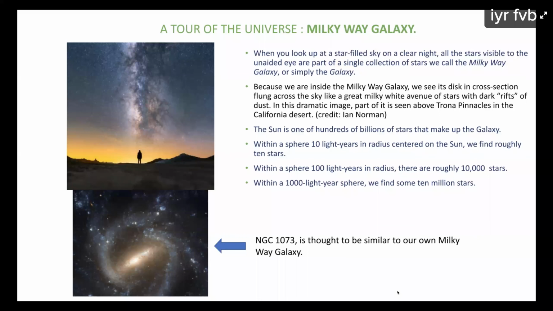When you look up at the sky on a clear night, there will be a large number of stars filled in the sky, right? Believe me, all these stars visible to your unaided eye are actually part of a single collection of stars. We call this the Milky Way galaxy, or simply the galaxy, right?